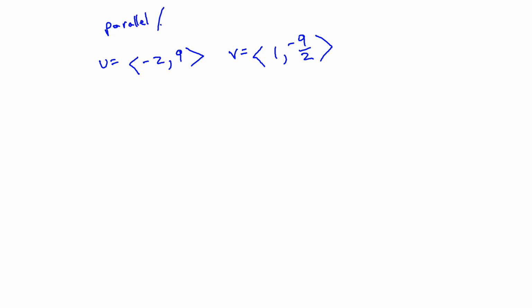Okay, so next question, we want to find out if the vectors, let's say we did question 9. So -2, 9, and the vector 1, -9/2. We want to see if those are parallel, or if they're perpendicular, which we can also call orthogonal.